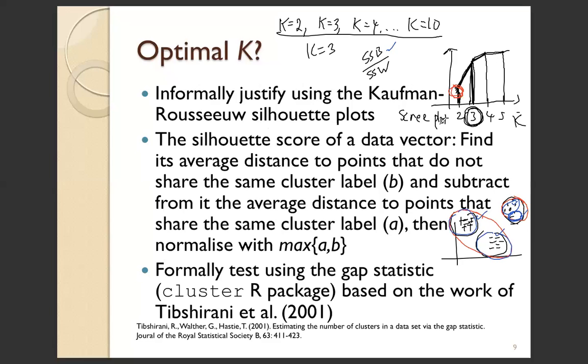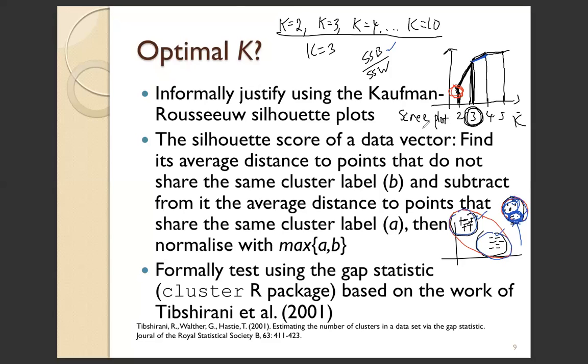And because you are creating a cluster here, usually the gain will drop, so you have a minor increment. But then you may find that this cluster may not be meaningful, because it's too close to this one. You might as well just work with this cluster. So basically, one way to check the optimal K is to do the scree plot.